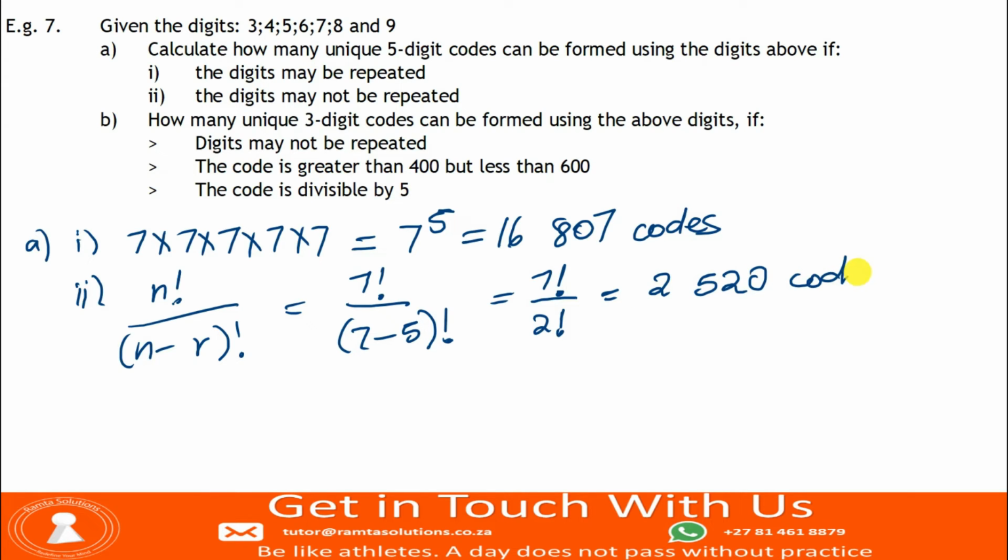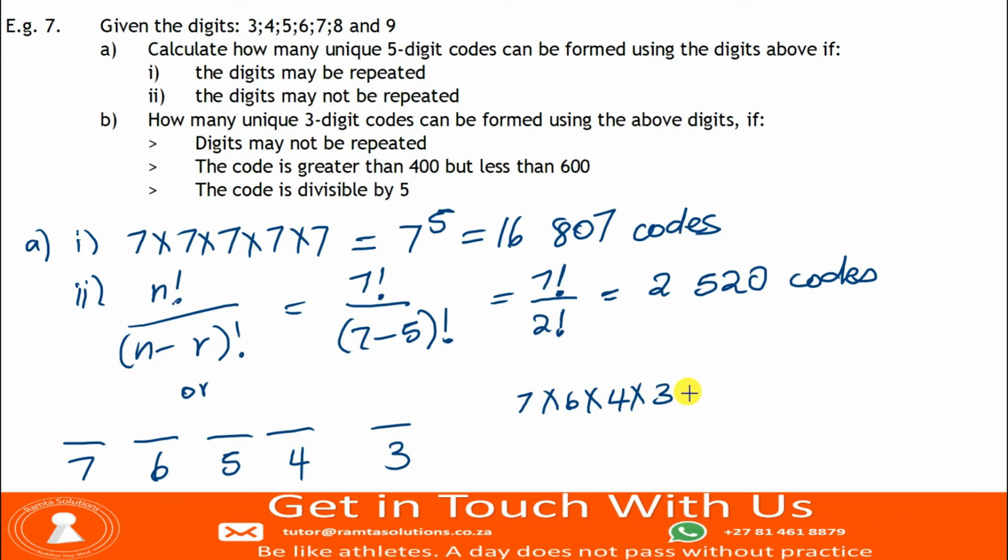You get 2,520 codes. Or you can say you have 1, 2, 3, 4, 5, which is 7 times 6 times 5 times 4 times 3.